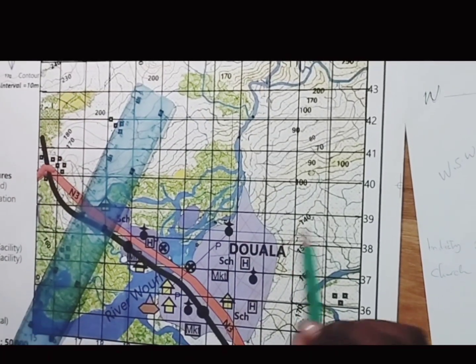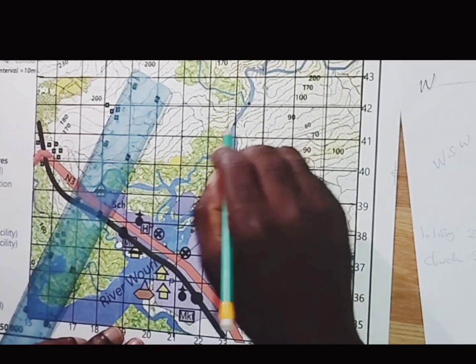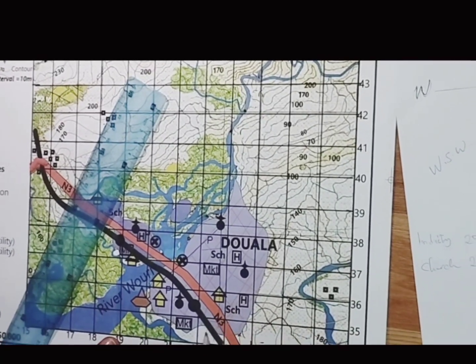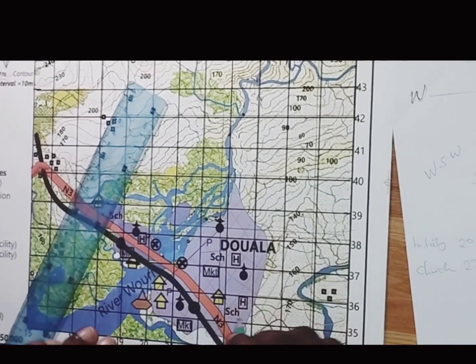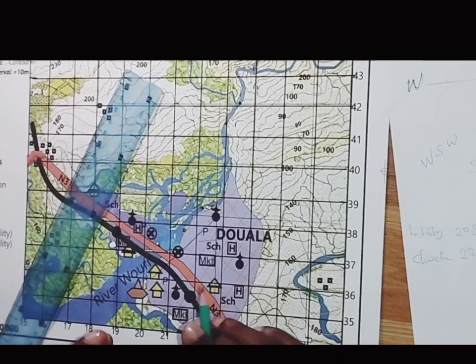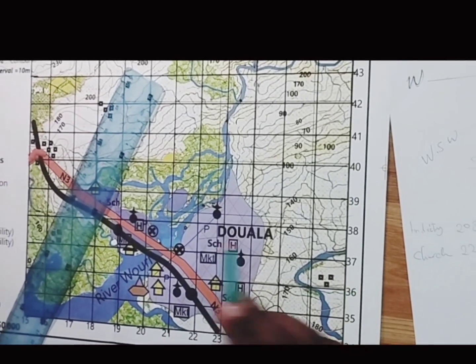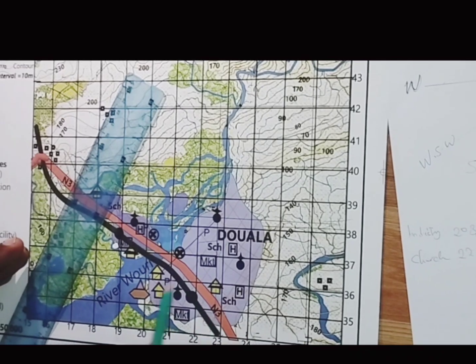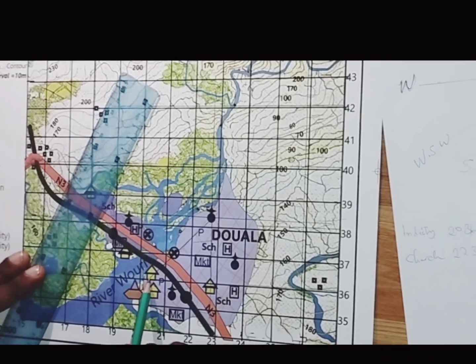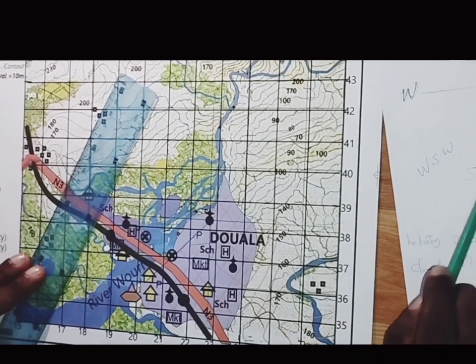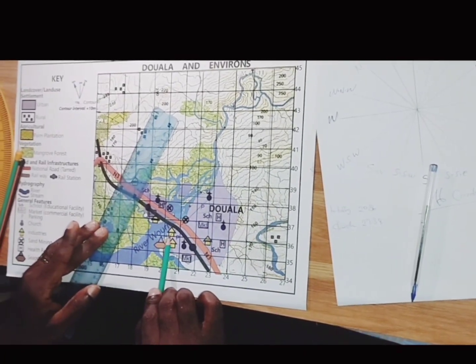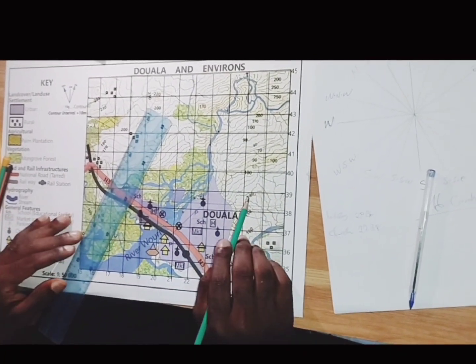So when we look at it very well, if you know, this is your cardinal direction, this is north, this is the east, this is the south, this is the west. So basically, I will simply say that the church, therefore, the industry is found what? Southwest of the church. You can also see, judging from what we have earlier seen here, the industry is found southwest of the church, exactly at southwest of the church.